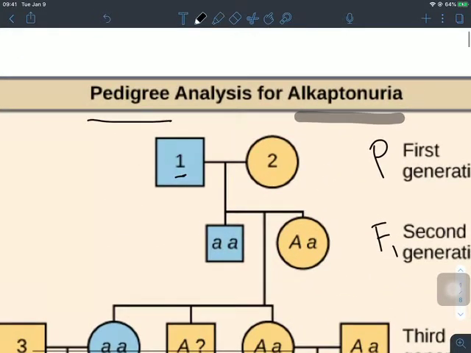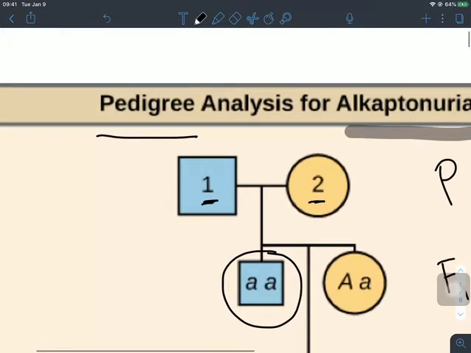So we need to take a look at what are the possible genotypes for parents 1 and 2. Well, we know that they produce an affected child, meaning that at the very least, one of their 2 alleles for each of them has to be a little a. And I know I said for all problems that I'm assigning, please keep to a capital or a letter for the gene with subscripts for the alleles.